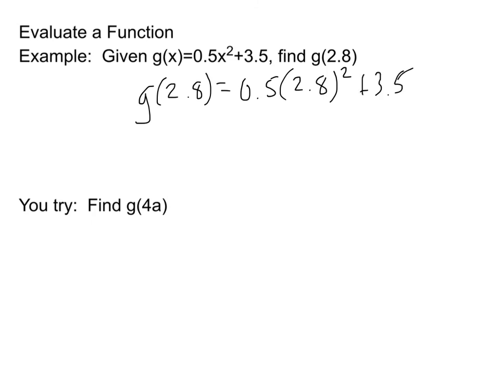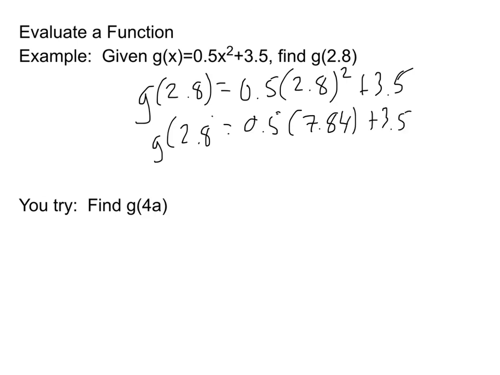Once you do that, then it's all about PEMDAS. So what do you have to do first? You have to do exponents first. So g of 2.8 equals, so 2.8 squared is 7.84.